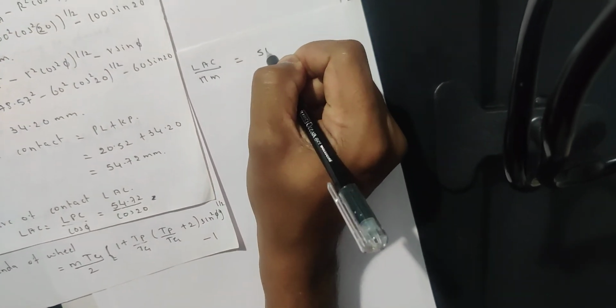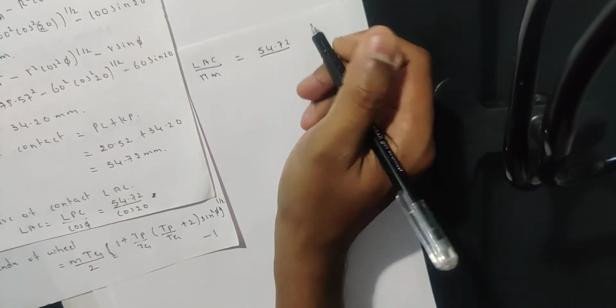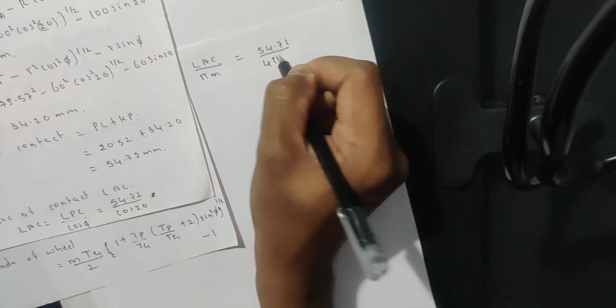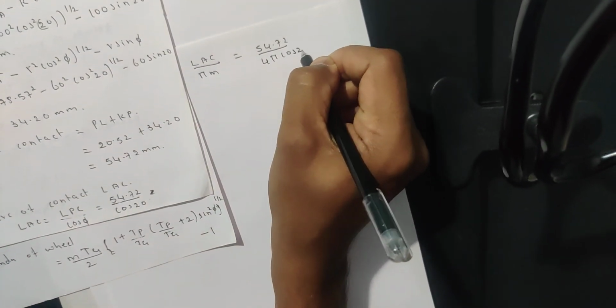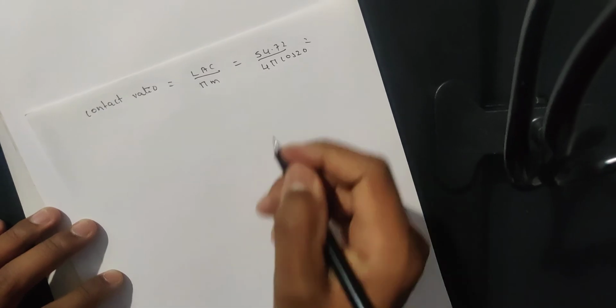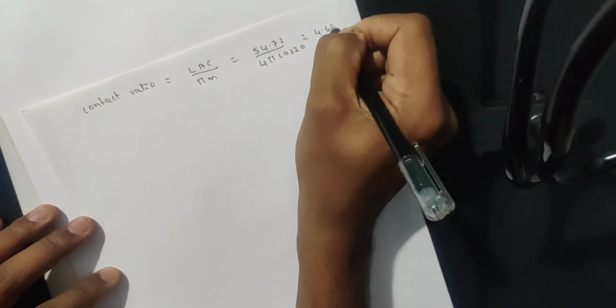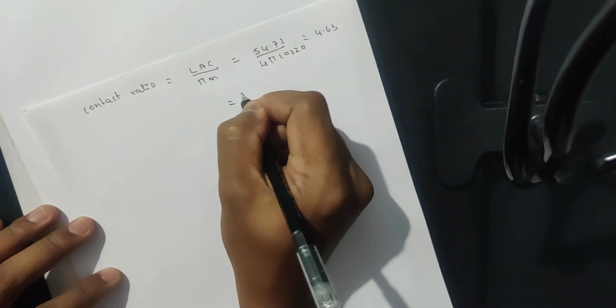So it will be 54.72 divided by 4 pi, m is 4 pi cos 20. So what you will be getting here is 4.63, or is equal to 5.